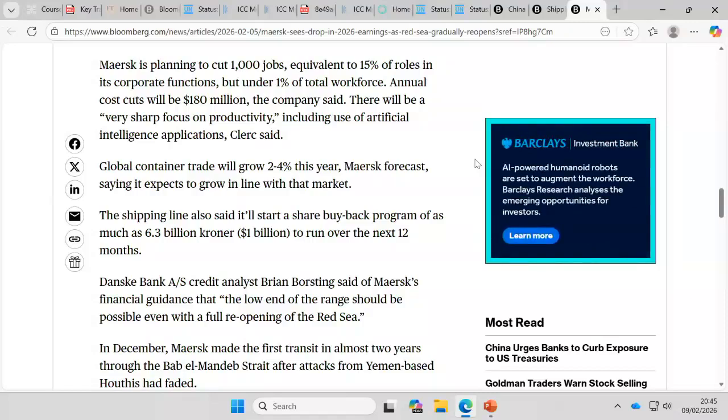And a term that we're going to look at a little bit more in depth later, freight forwarders. Freight forwarders are businesses that specialize in figuring out the best way to get stuff from place to place.